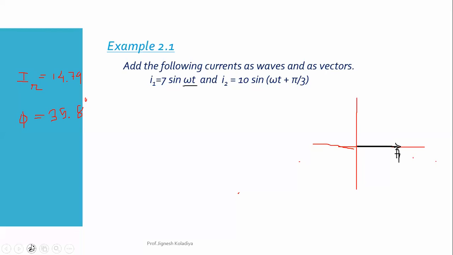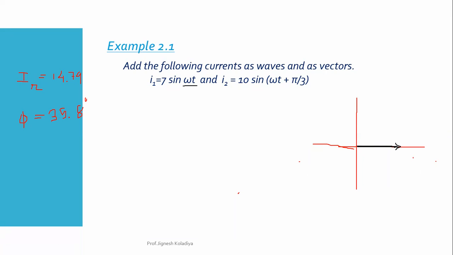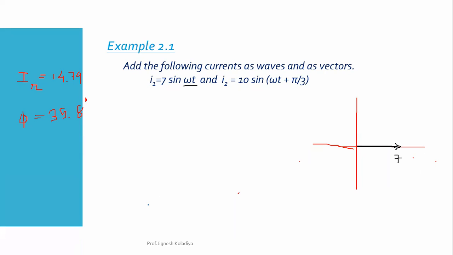Magnitude of this vector is 7. Second one, let me change the color, is at pi by 3 angle with respect to this x-axis. So I can draw pi by 3, and that is plus, meaning it is leading.